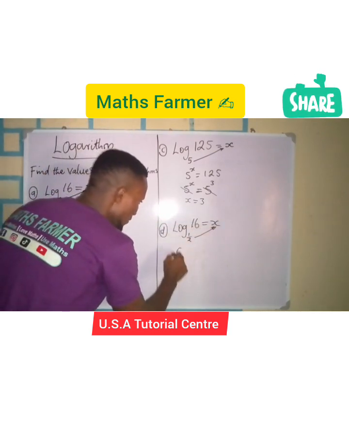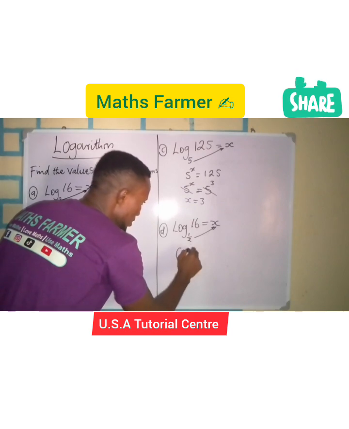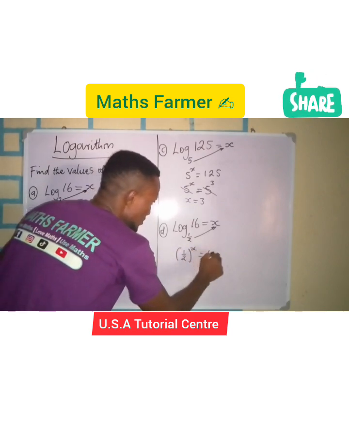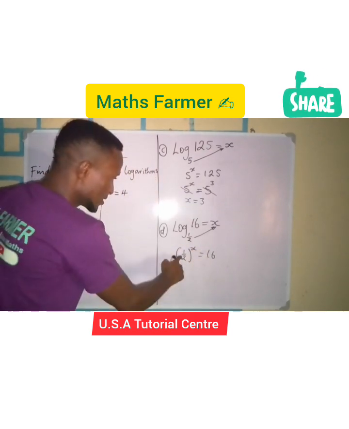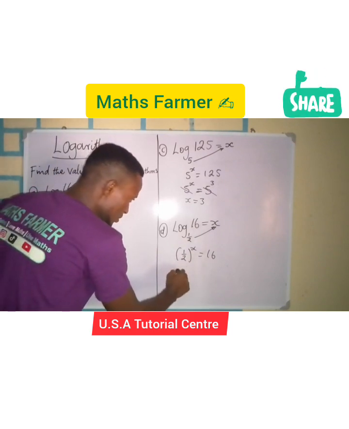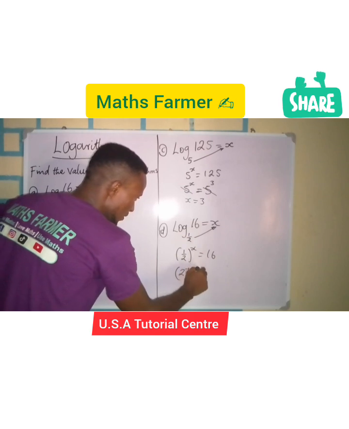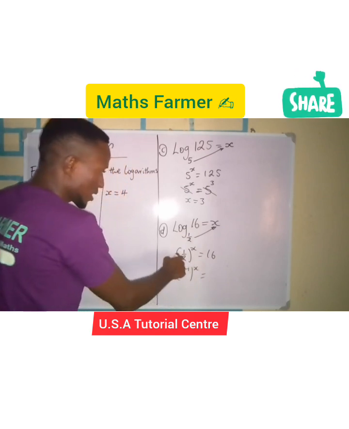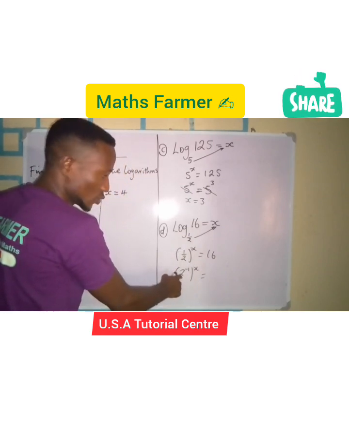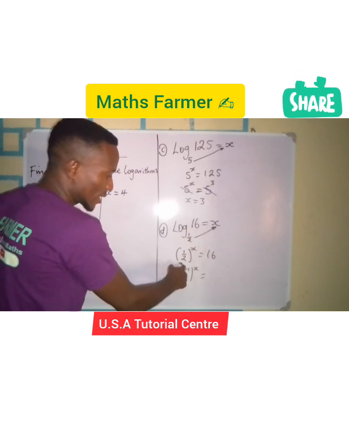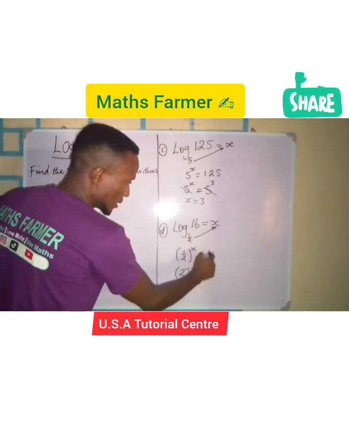Now, what you have here is 1 over 2 raised to the power of x is equal to 16. This can also be written as 2 raised to the power of minus 1, raised to the power of x. Yes, this is a reciprocal; the inverse of 2 can be written as 2 raised to the power of minus 1.